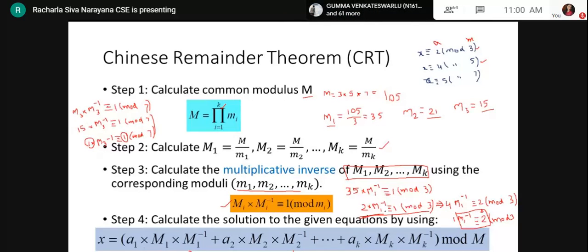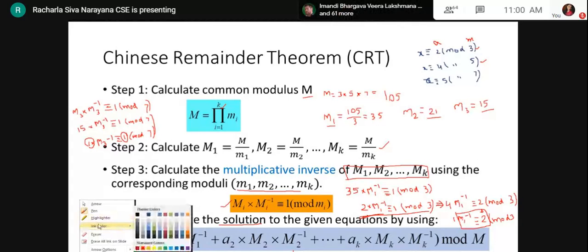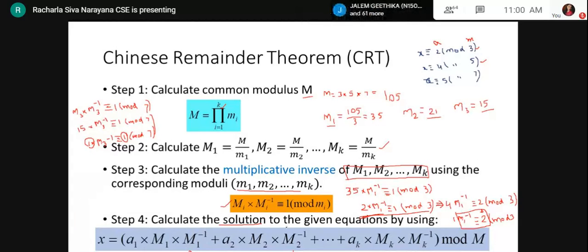After calculating the multiplicative inverse of the modulos, now calculate the solution to the given equations by using this formula.